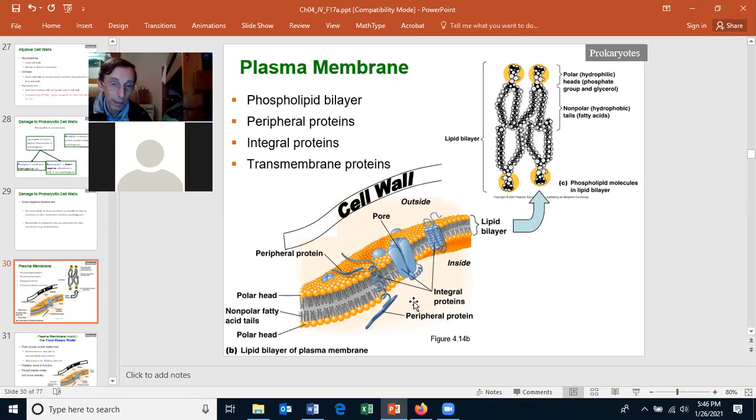A transmembrane protein is a protein that spans the entire membrane, and you can find it ending up on one side of the membrane and the other side of the cell membrane. So transport proteins are transmembrane proteins.